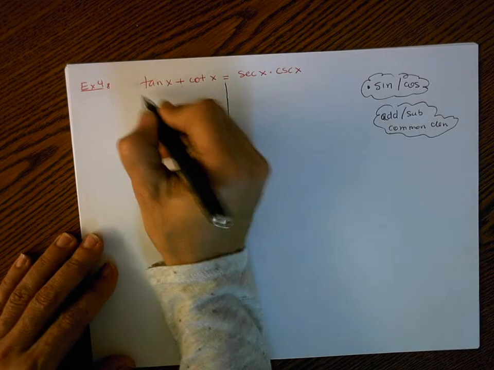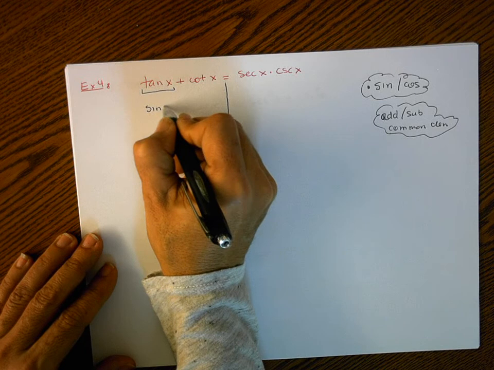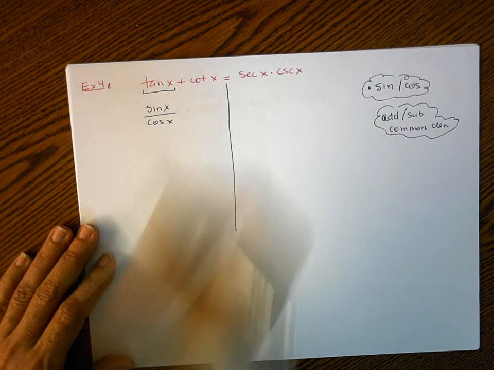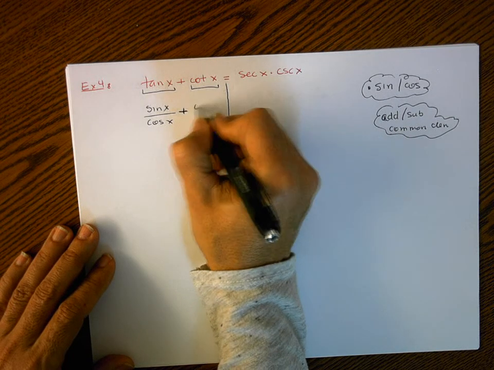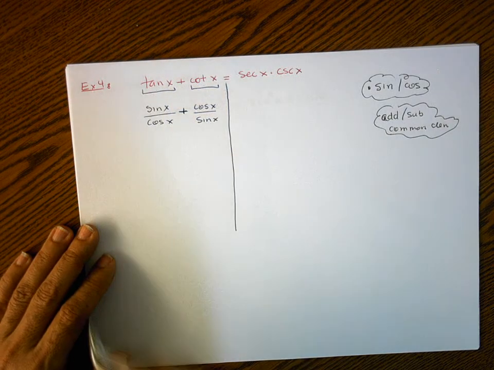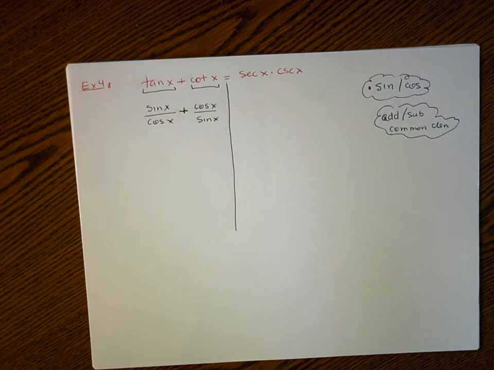I am going to switch the tangent for the sine of x over the cosine of x. And the cotangent, I can switch for the cosine of x all over the sine of x. They're opposite fractions. They're reciprocals of each other.